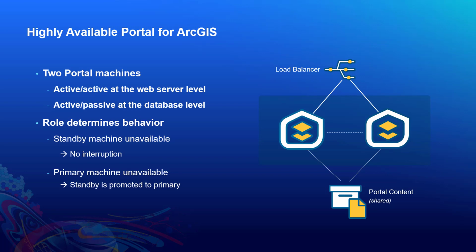However, it is active-passive at the database level, which is part of the deployment of Portal. There is going to be a primary database, which does correspond to being a primary portal. And there's automatic replication that's happening between primary and standby.